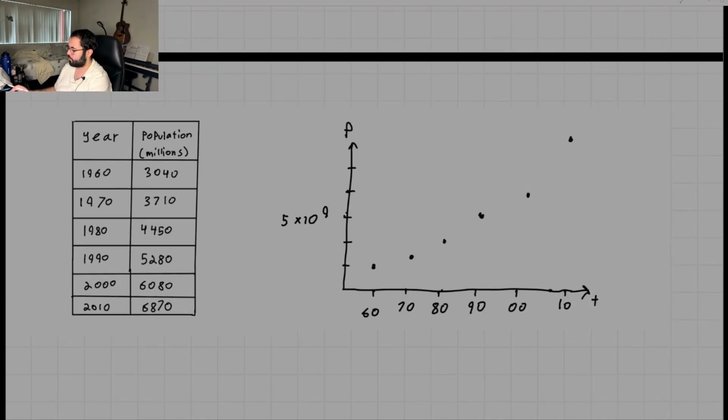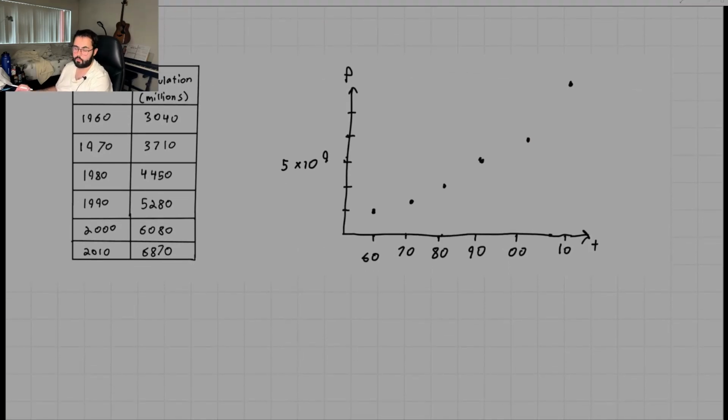Now, I already mentioned before that we can't find an exact equation for the population of the Earth, which is still true. However, we can find something that is called the line of best fit. And pretty much what that is, it's an approximation. So, no, it's not an exact equation, but looking at this graph, we can tell that there's a general trend where the line starts off here and it keeps going up and up, kind of like that.